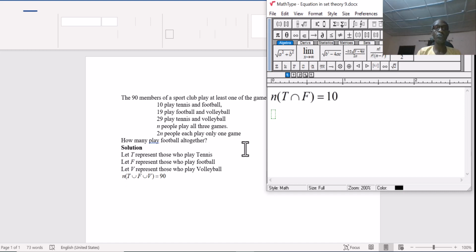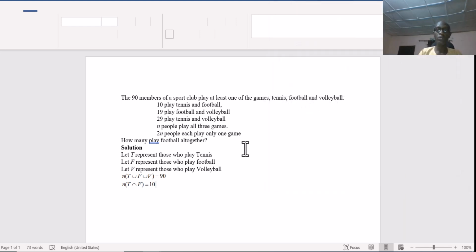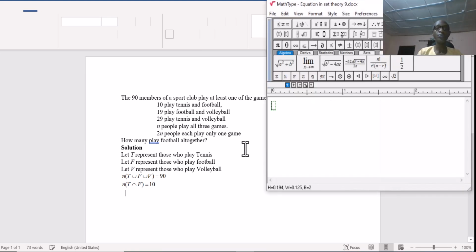Then 19 play football and volleyball, that is 19.